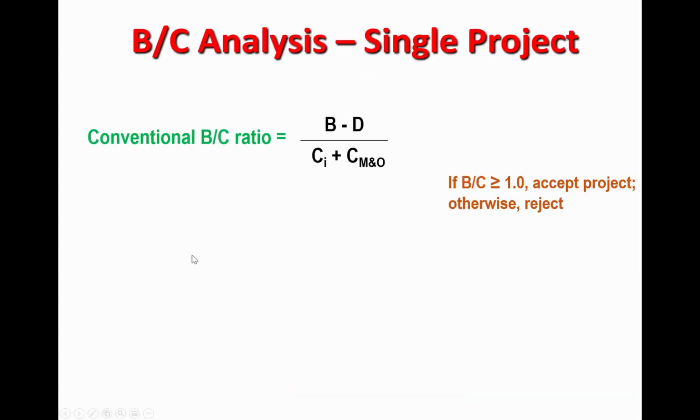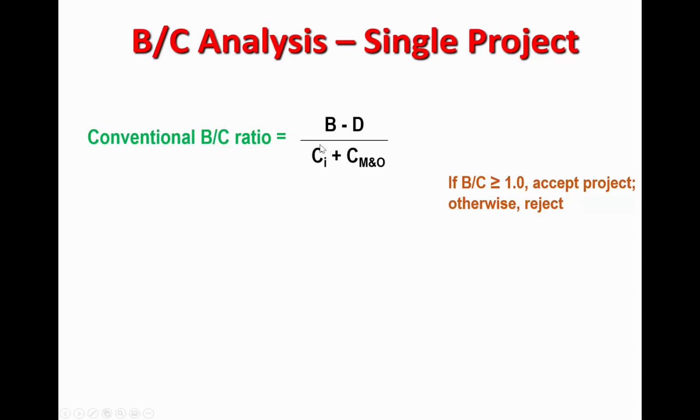So the formula that we're going to use, there's two. There's this conventional benefit to cost ratio. And so you can see that in the conventional ratio, what we say is we add up all the monetized benefits, put it in the numerator, and subtract the monetized disbenefits. And then in the denominator is the sum of the costs.